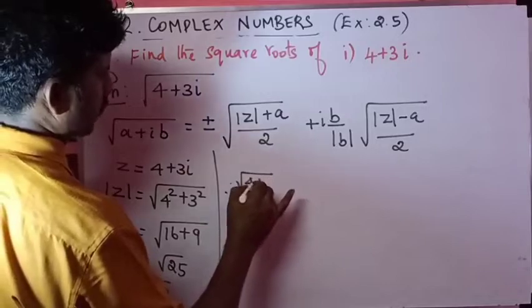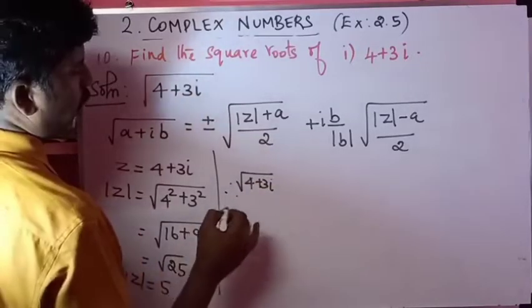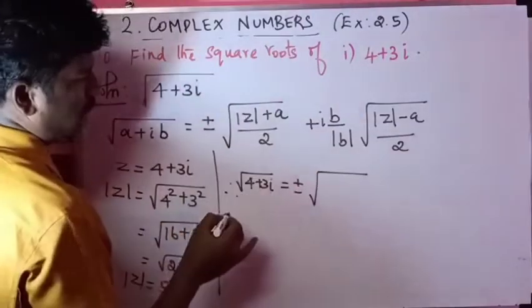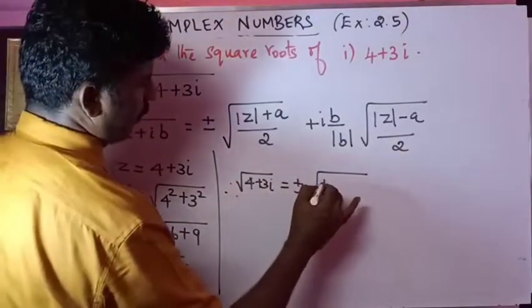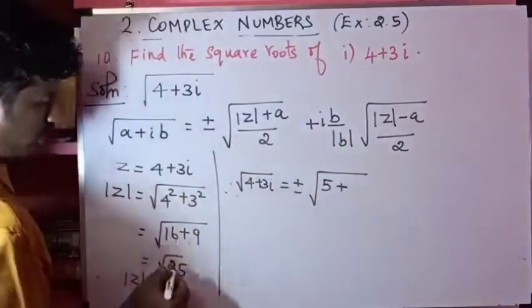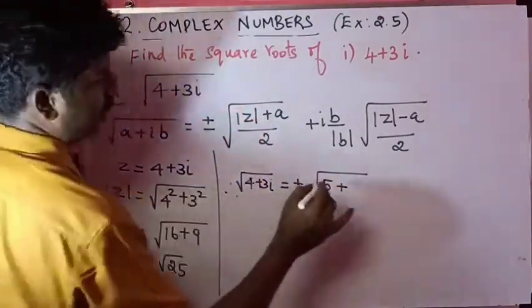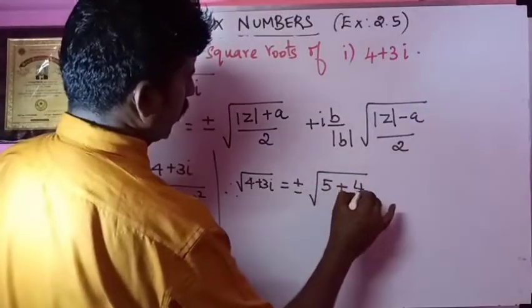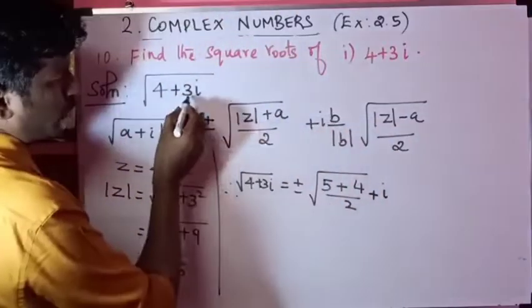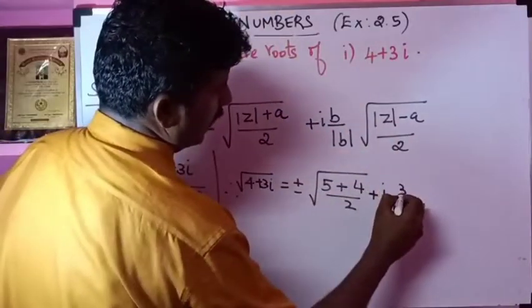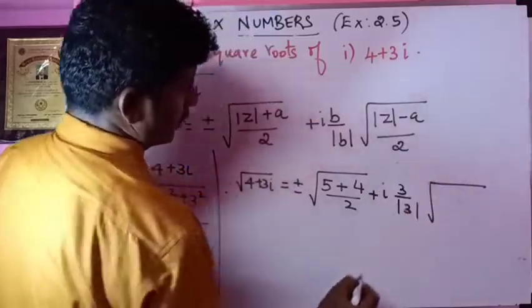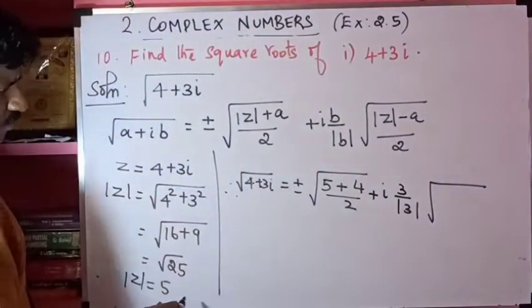Root 4 plus 3i is equal to plus or minus root of modulus z equal to how much? 5. Find பண்ணிருக்கோம் இல்லையா? Plus a is equal to, this is a, this is b. So a வந்து 4 divided by 2. So plus i, the b value 3, right? So 3 by modulus 3. The root of modulus z is equal to 5.